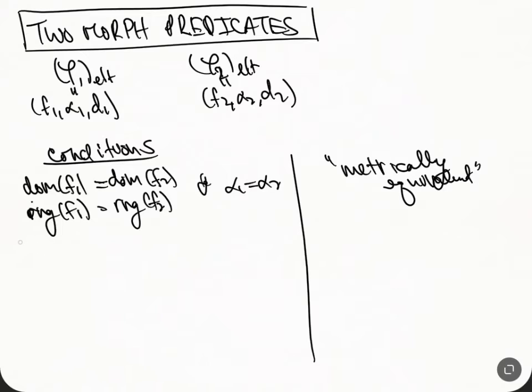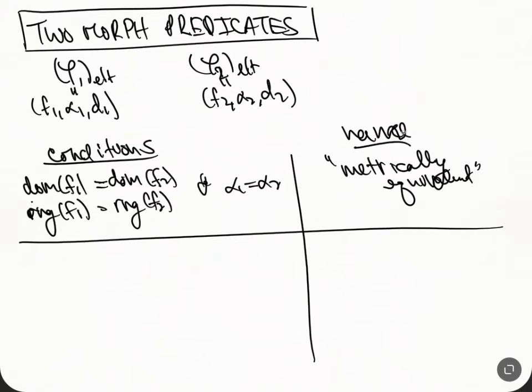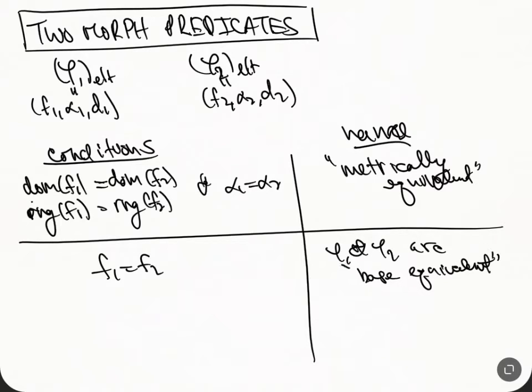So this is the name. Let's do some more. If f1 is equal to f2, then we say that phi1 and phi2 are base equivalent. So they're the exact same map on the base.